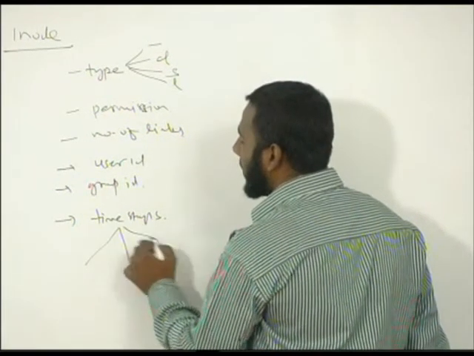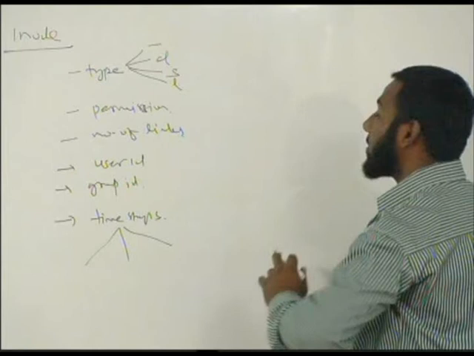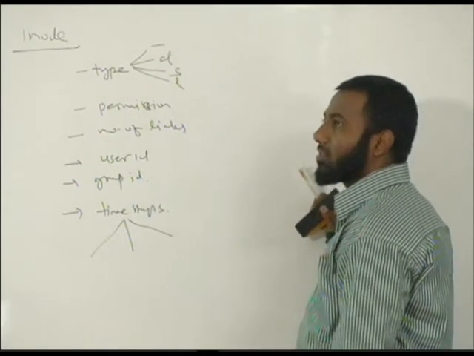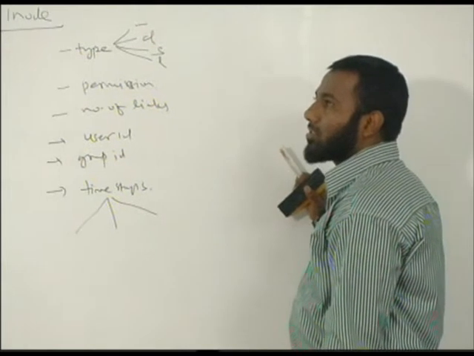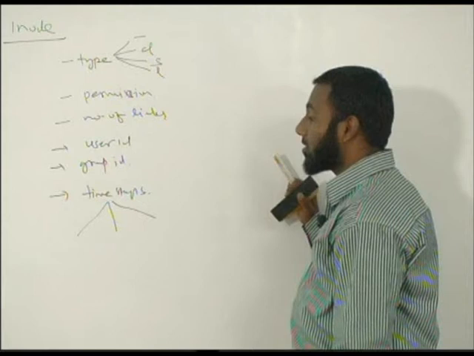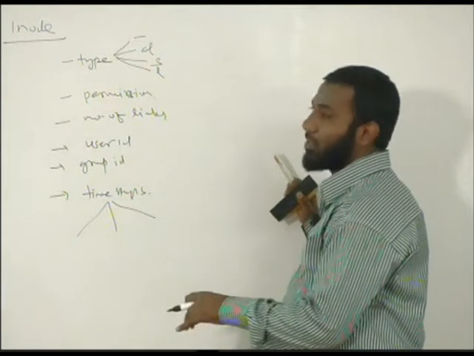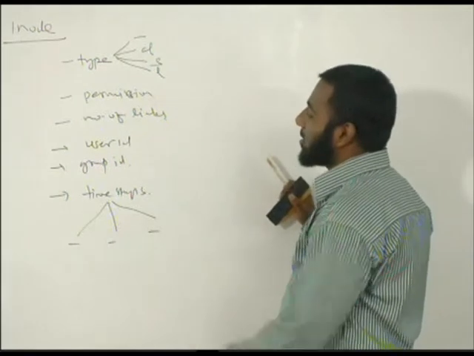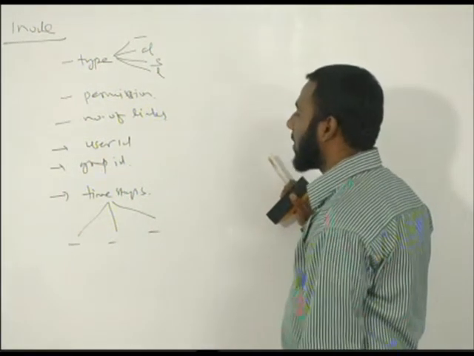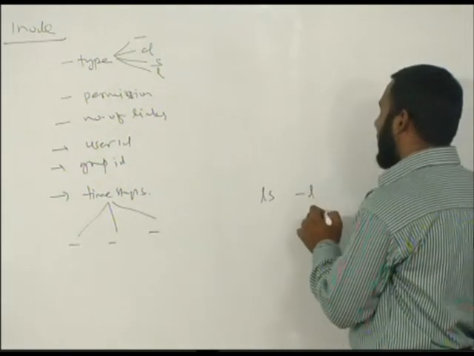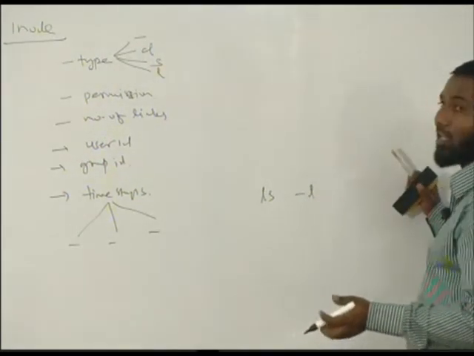Inode actually maintains three different kinds of timestamps. One is the last access time, another is the last modified time, and the third is the last modification time of the inode entry itself. We can see all of these timestamps with the help of commands. For example, when we use ls option L, it gives us the timestamp of last modified.